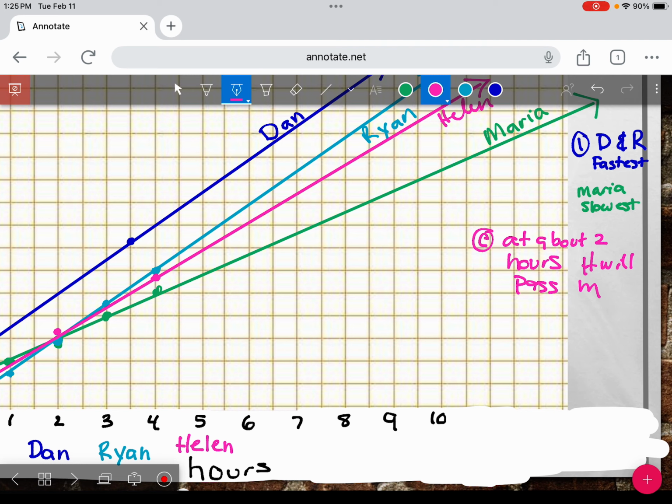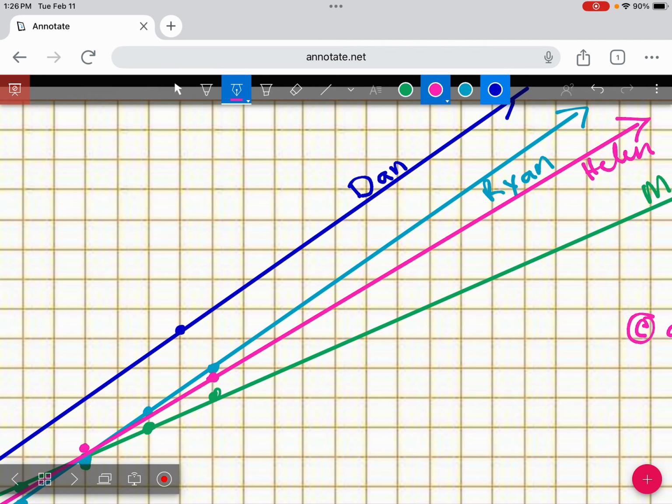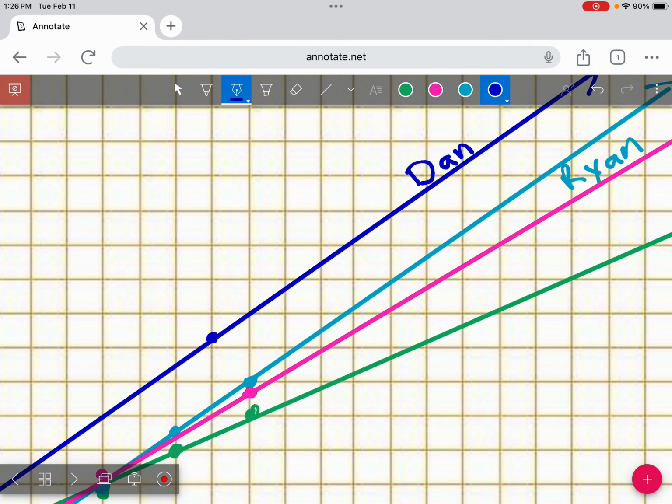What do you think about Helen and Dan? What are their changing rates like? She'll pass Dan in the picture. But she's moving, well, no, she won't. They're moving at the same pace, because we know Dan was moving at a rate of 25 kilometers per hour.